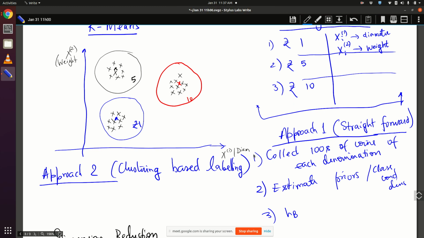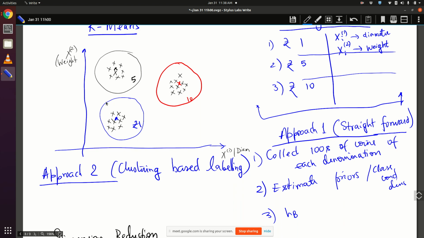Yes, very good. So there were actually two dimensions here, right? Height and weight. Now instead of height and weight, I am just having one indicator, whether it belongs to cluster 1, cluster 2, or cluster 3. Don't get confused about rupees 1, rupees 5, rupees 10; put that aside.